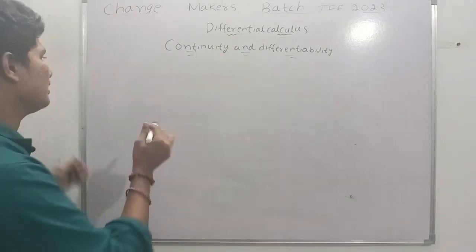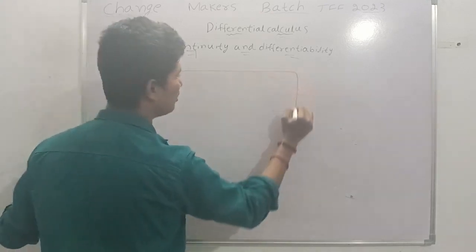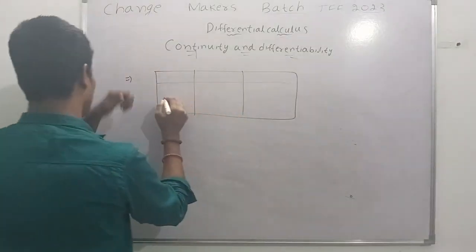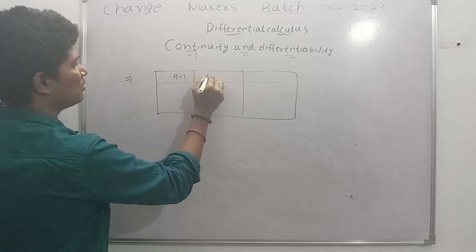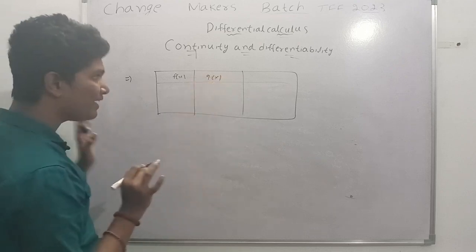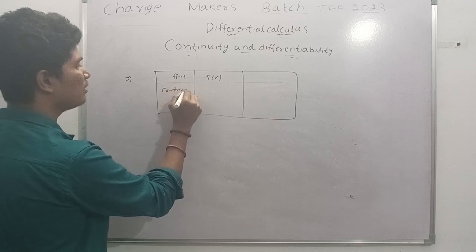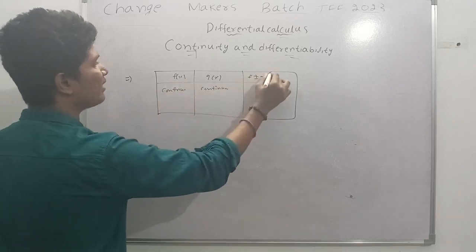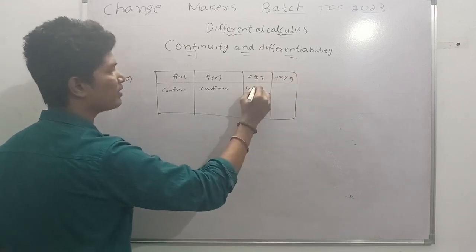And next, as in limits, where I already explained a magical table, here also there is a magical table. If we take functions f of x and g of x, and if they are both continuous, then f plus or minus g, f into g, and f divided by g are all continuous.